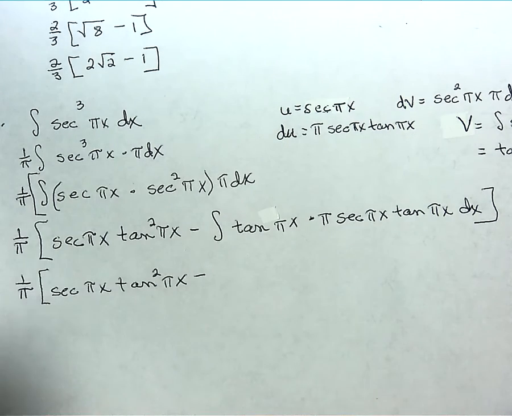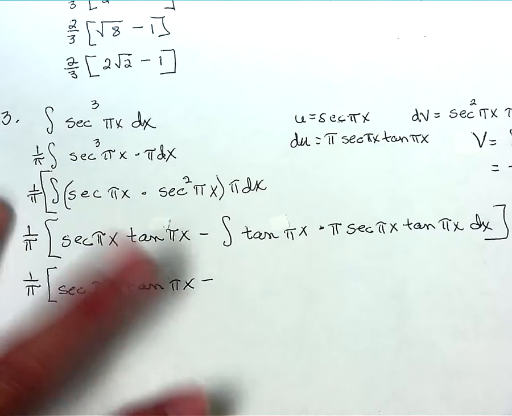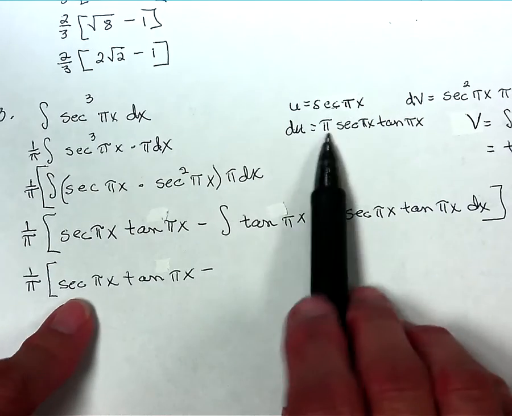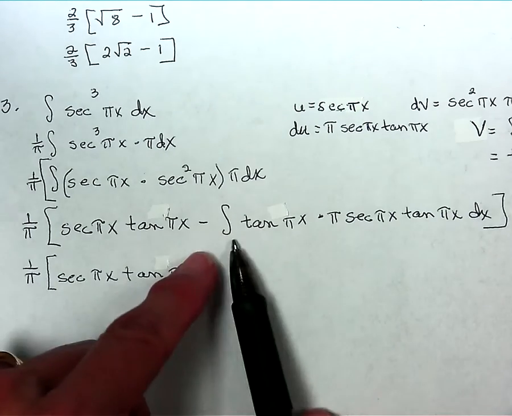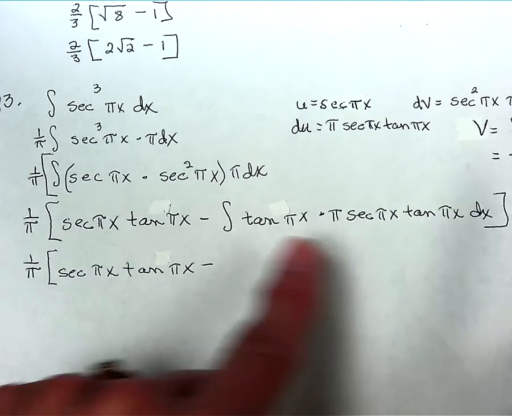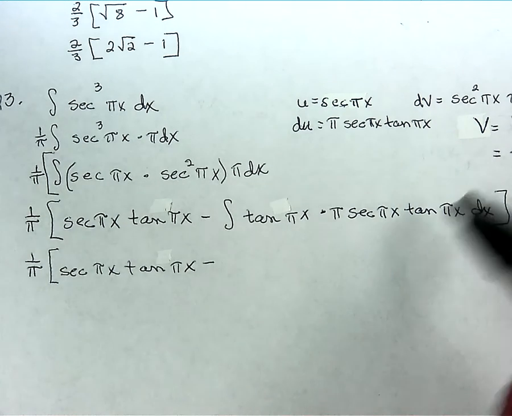Oh, I didn't fix this tangent. That is u times v minus the integral of v du. Now, how do I integrate that?